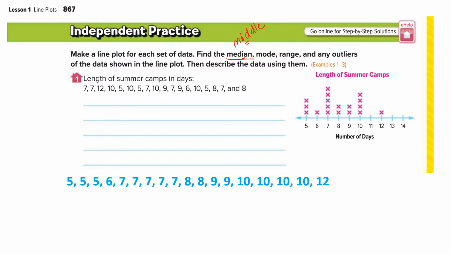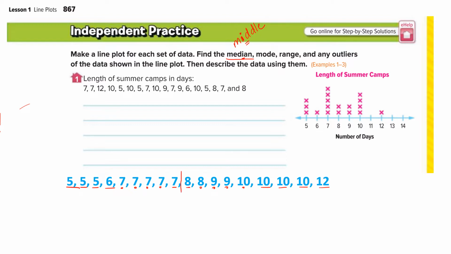I go left, left, left, left, right, right, right, right, left, left, left, left, right, right, right, right. I have two numbers in the middle, 7 and 8.